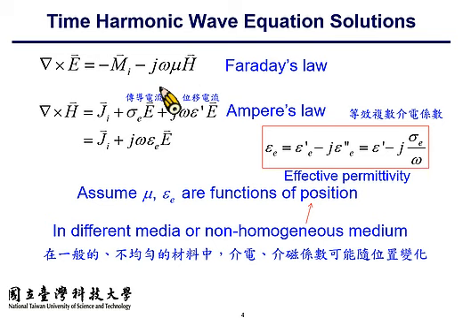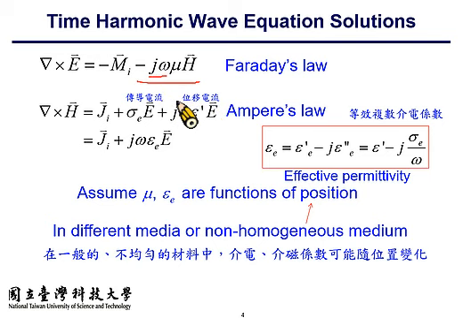Note that this is the so-called phasor representation. Originally this should be the time derivative of B, the magnetic flux density. We replace B with mu times H, and the time derivative is replaced with j omega.